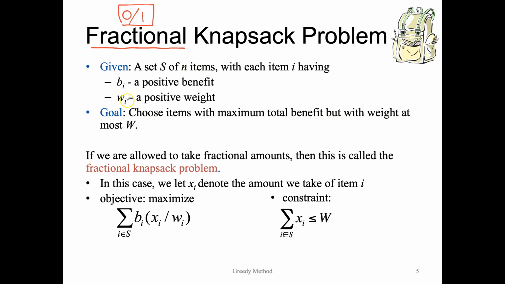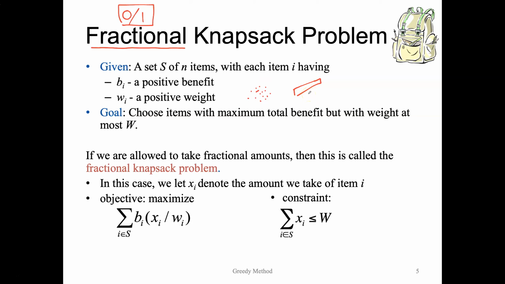So maybe this item weighs 5 pounds. Rather than taking all 5 pounds, we have the option of taking only 3 pounds, for example. You could think of this as being the difference between if we had gold dust, where we could just scoop out as much of that as we want, versus if we had a gold bar and then we would have to either take that bar or leave it.